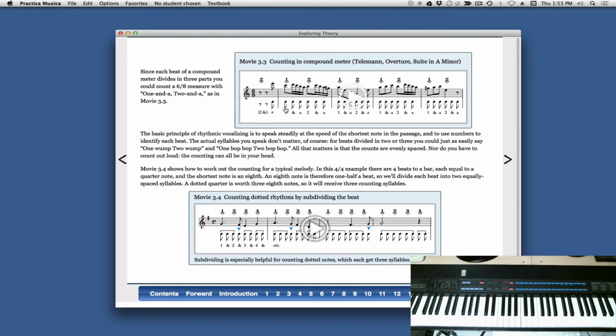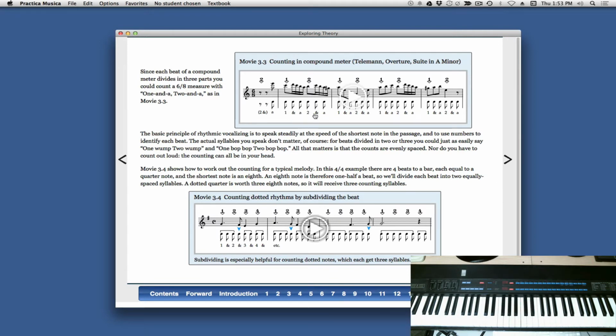So when we get to compound meters, remember the beat is divided into 3 parts. So here's the beat, right? 1 da da 2 da da 1 and 2 and, so that's an easy way to remember that. Or another system is 1 lolly 2 lolly.